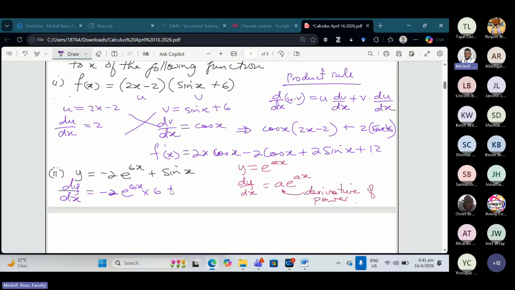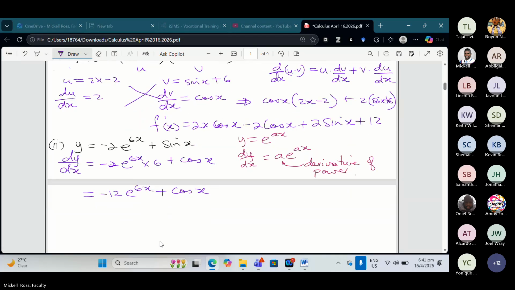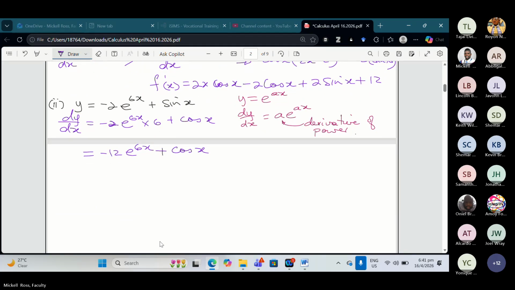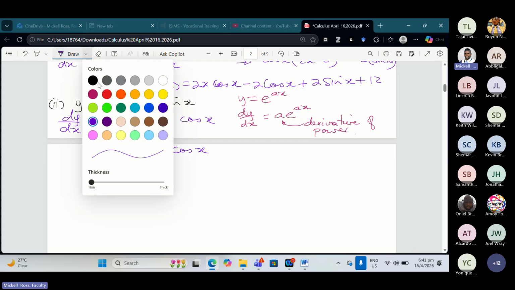And if we differentiate sine x, we just get cos x. So your final answer is 6 times negative 2, which is negative 12 e to the 6x plus cos x. Let me know if there's any part of it I need to clarify.